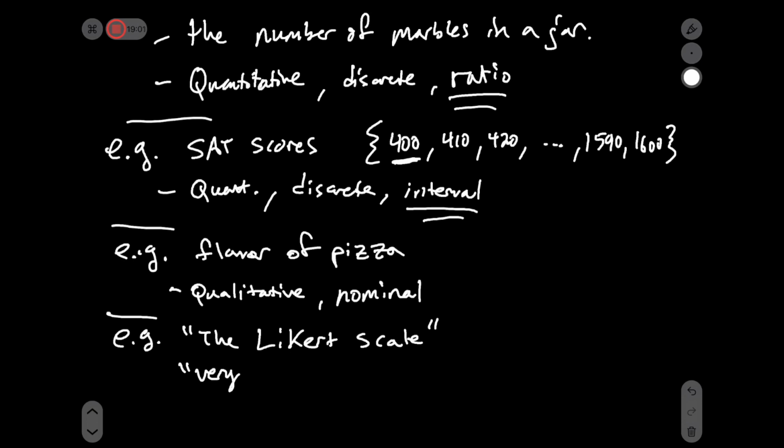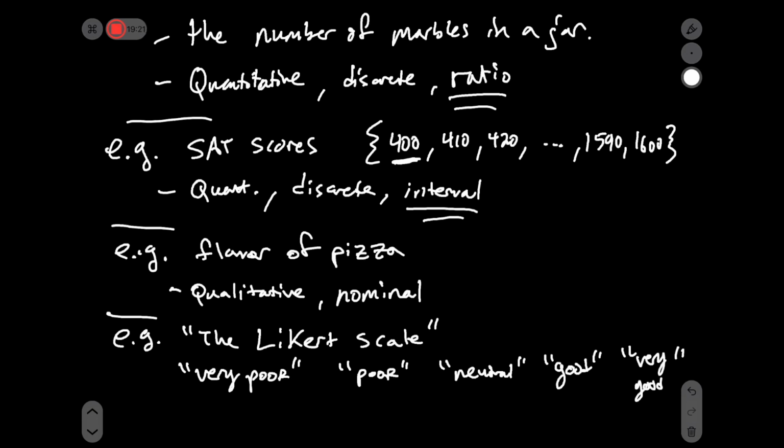Was it very poor? Was it poor? Was it neutral? Neither good nor bad. Was it good or very good? Okay. This is an example of a Likert scale.